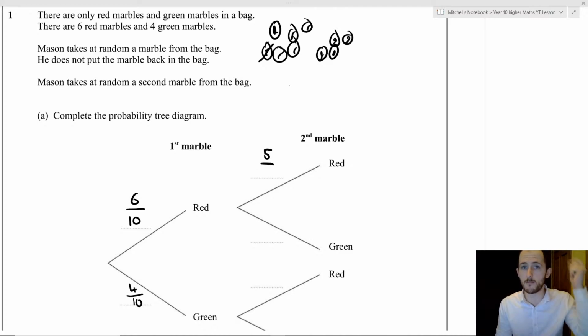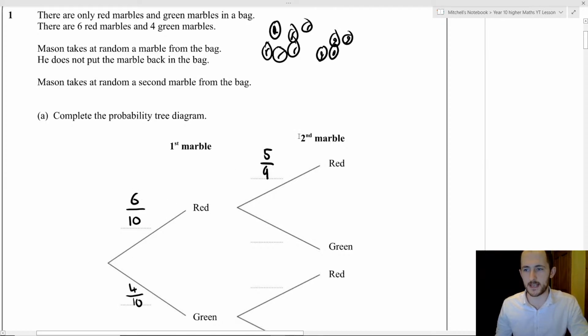Now, how many are there in total? Well, we've taken 1 marble out from this first section here. So there's only 9 left. And again, if we counted up the marbles here, we have 1, 2, 3, 4, 5, 6, 7, 8, 9. The mistake that I tend to see students make is that they don't take away 1 from the top and the bottom.